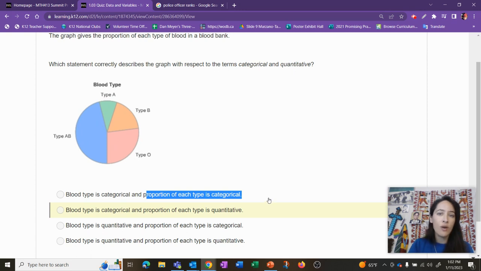So that is a quantitative variable. You can do math on it. And in fact, there would normally be percentages representing this percent of O, percent of B, percent of A, percent of AB. It could be something like a blood drive. This was how many different types of blood they captured, collected, that day. So we were looking for this selection. Blood type is categorical, and the proportion of each type is quantitative.